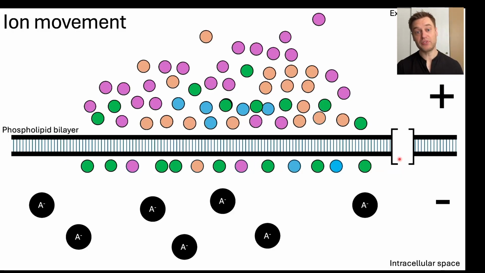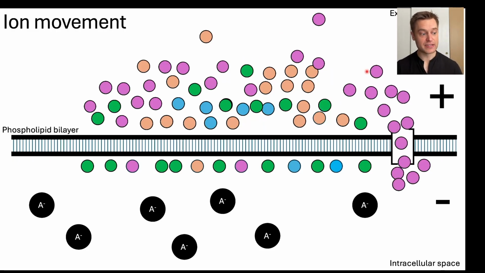But we also have to take into account the charge that these ions find themselves in. So sodium is a positively charged ion, which means that it's going to want to get away from levels of high positive charge. So if you were to open up a sodium-sensitive ionophore, then what would happen is the sodium would want to go down its electrical gradient, away from this high level of charge, and would flow into the cell.